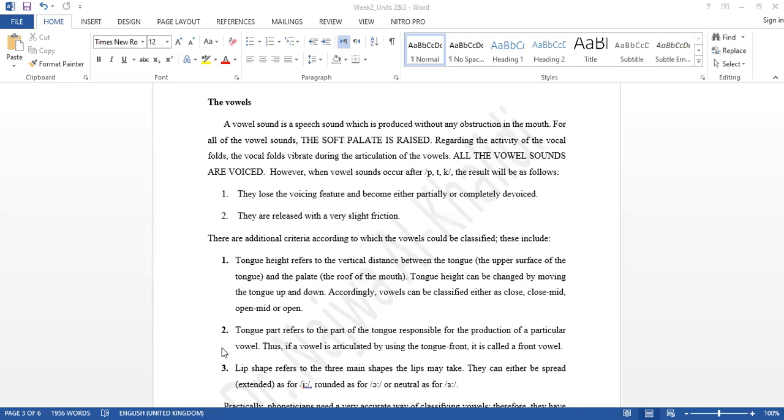For example, if I pronounce e, e, o. Now, for all these vowel sounds, which part of the tongue is responsible for their production? So we need to indicate or specify which part is responsible for the articulation of a particular vowel sound.